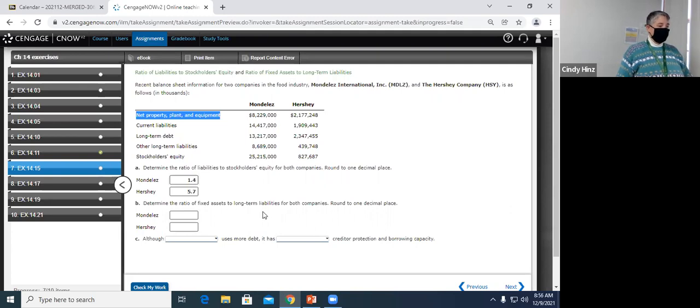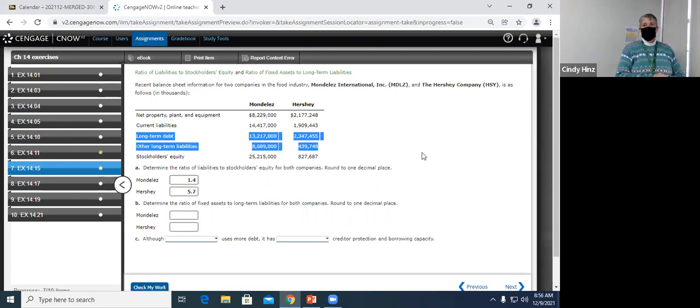And then the denominator, the bottom part of that calculation, is the long-term liabilities. And that is these two categories, long-term debt and other long-term liabilities, which could include things like pension liability and things like that. So the denominator is going to be the combination of those two long-term debt categories. And the numerator is going to be the fixed assets, the net property, plant, and equipment.